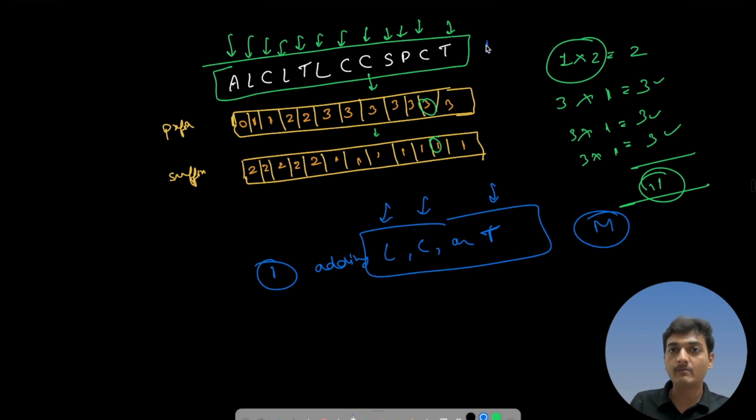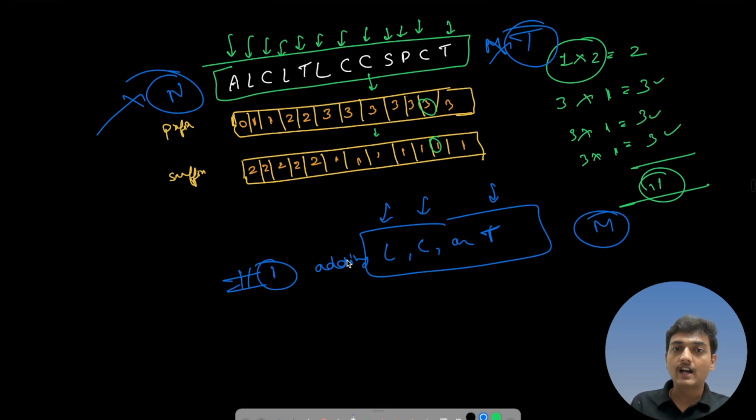No. If I add N here, will it contribute? No. But if I add T here, it can contribute to my answer. Yes. So the first observation is I should be adding either L, C, or T somewhere in the string, at most one time. Then only will I be able to increase my answer.